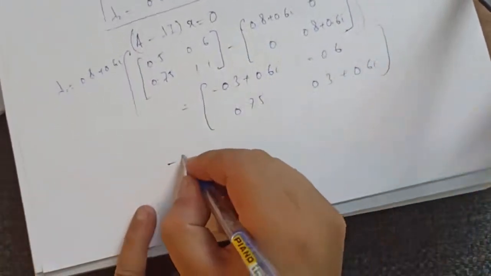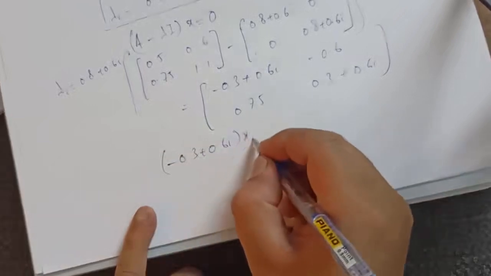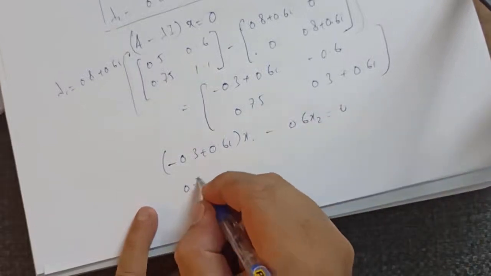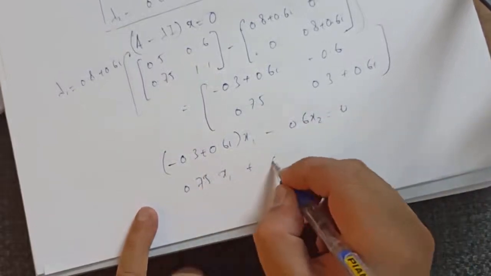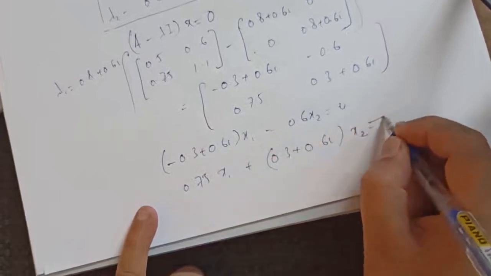So actually I can write this as 0.3 plus 0.6 iota into x1 minus 0.6 into x2 equals 0, and then you have 0.7 x1 plus 0.3 plus 0.6 iota x2 equals 0.